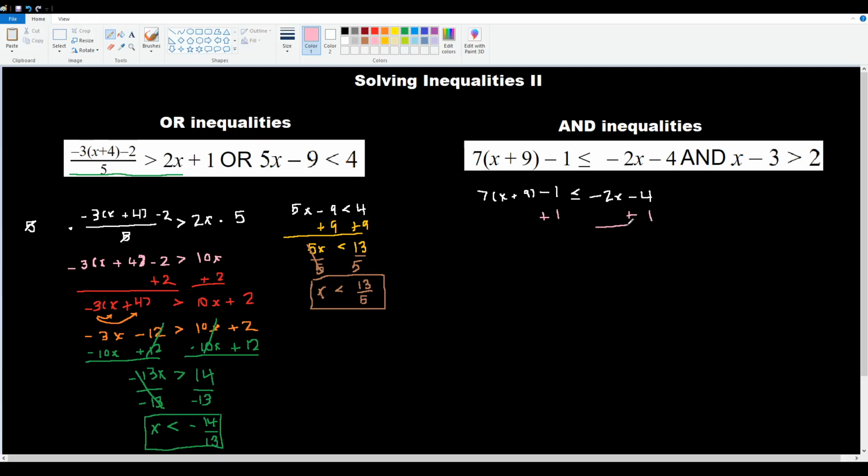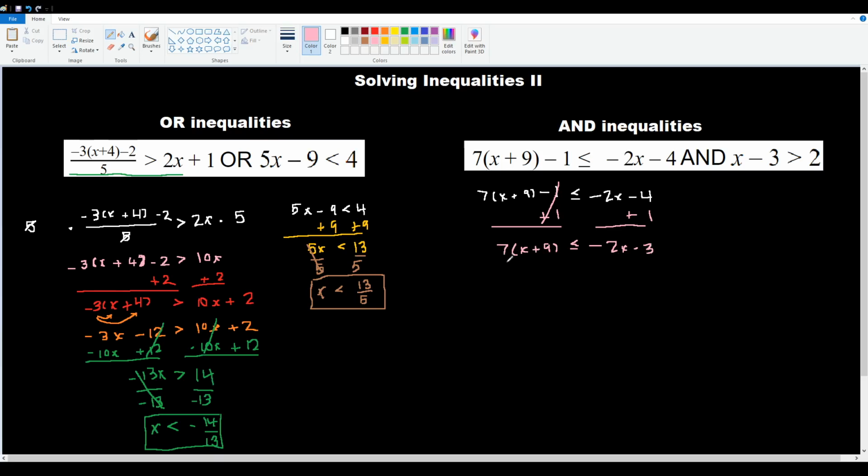And that eliminates it: 7 times x plus 9 is less than or equal to negative 2x minus 3. Now what we do is distribute.